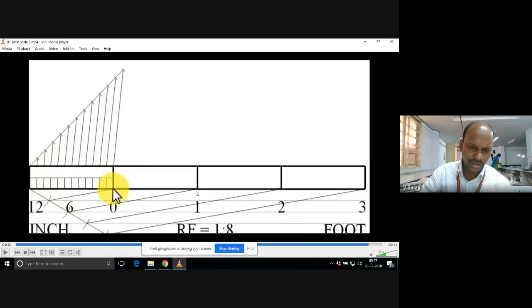You can mark one vertical line here at the 9th inch with the help of a mini drafter. Then you can draw one horizontal line that represents the dimension line, and on it you need to write 1 foot 9 inches. So is there any specific doubt?